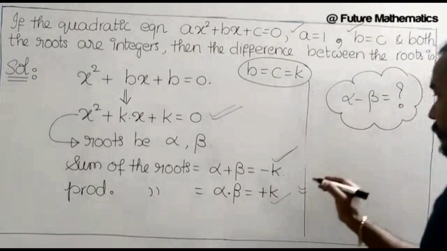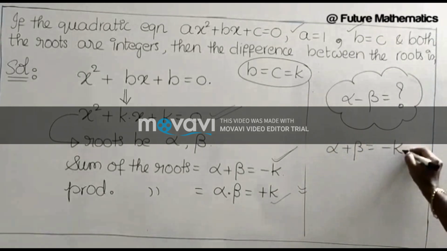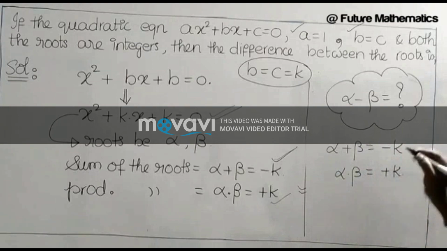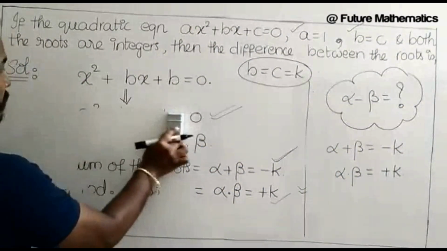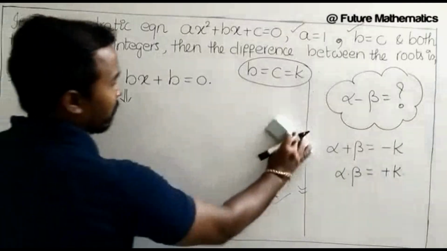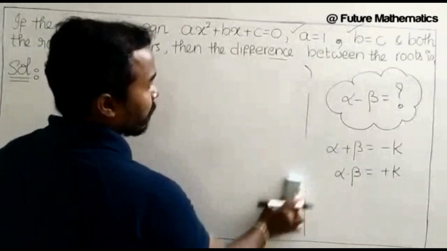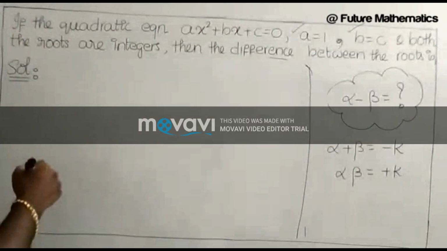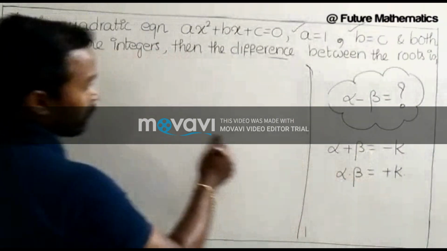Let's do something to simplify this. Okay. So just remember this: you have alpha plus beta is minus k, and alpha beta is equal to positive k. So bearing this in mind, let's try to simplify for alpha minus beta. How come? See, we have here alpha plus beta and alpha beta.